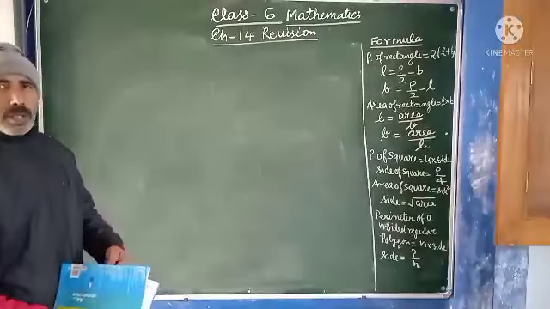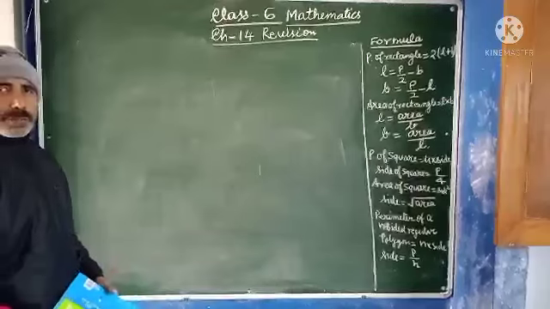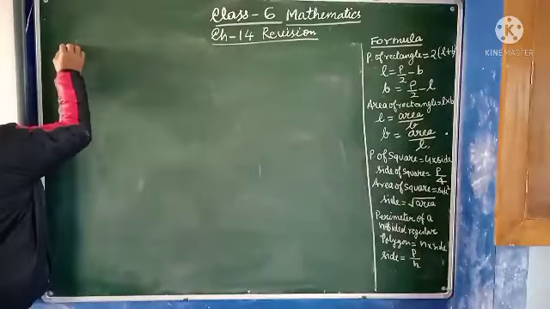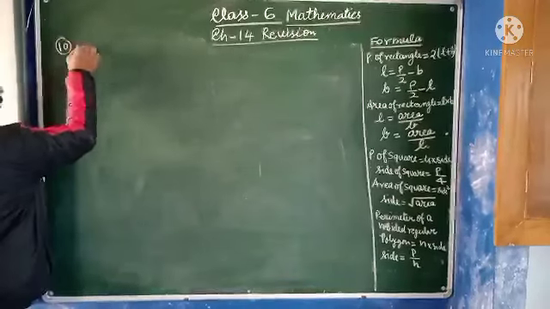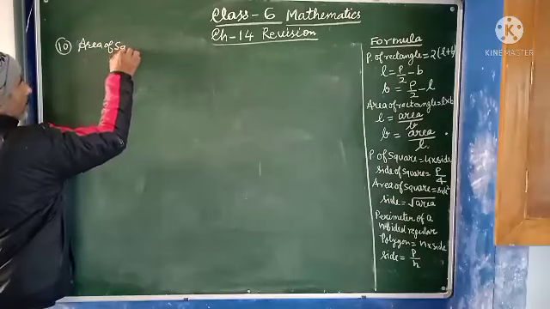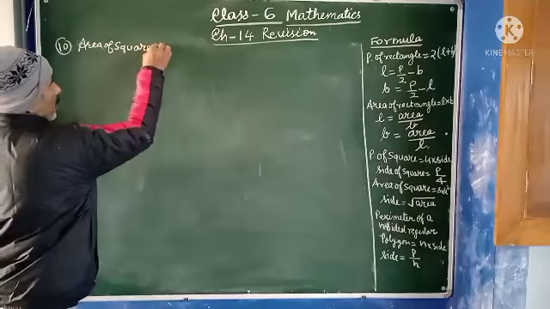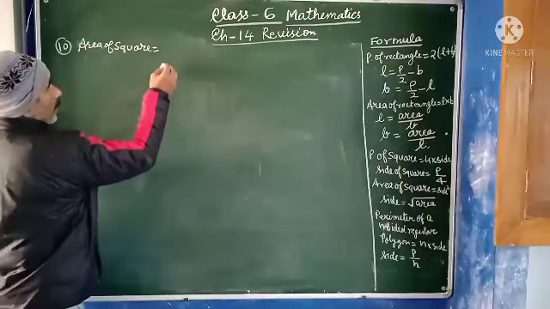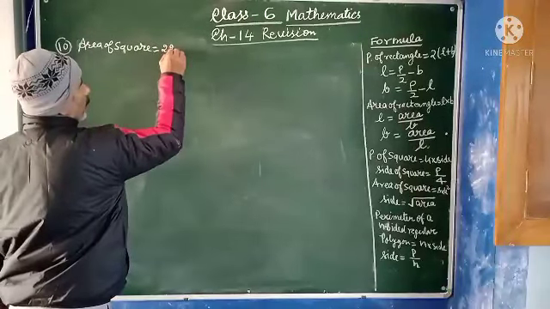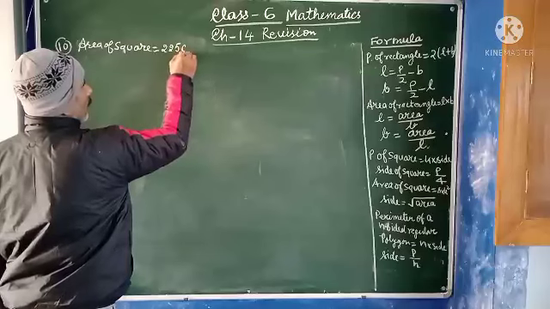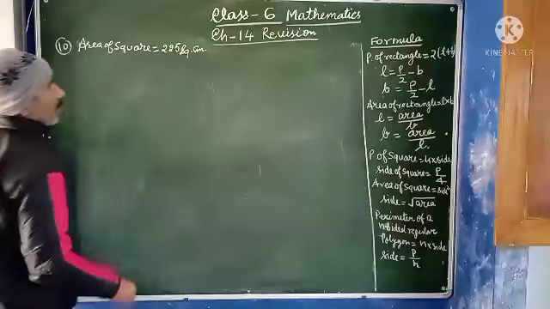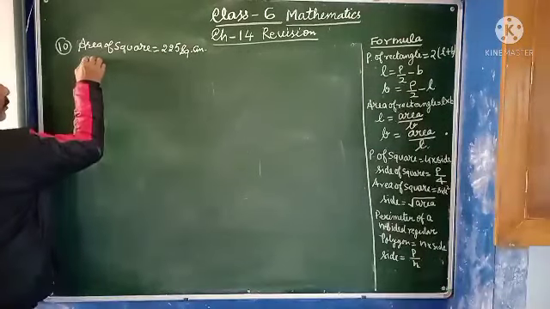Now how we will find the side of square when the area of square is given. So the next question we can discuss here. Area of square is given, suppose it is 225 square centimeter, and we want to find the side of square.